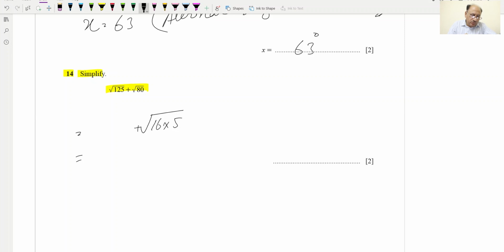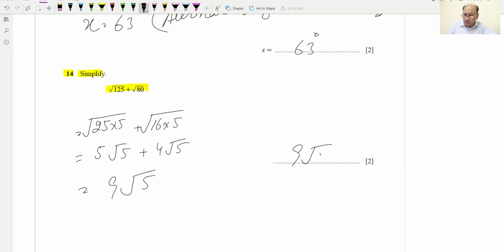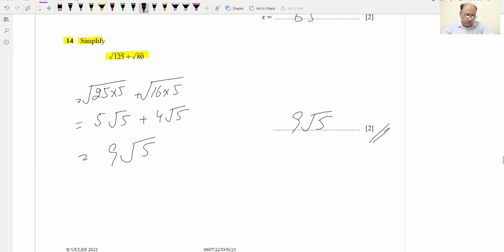Otherwise what we can do, we can write 25 into 5 under root, and this will be 5 under root 5 plus 4 under root 5, and we can write it as 9 under root 5. So 9 under root 5 will be our final answer for 2 marks.